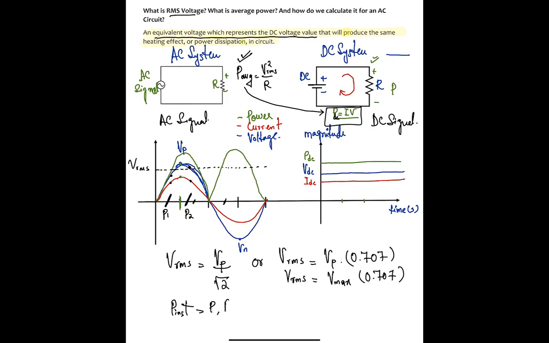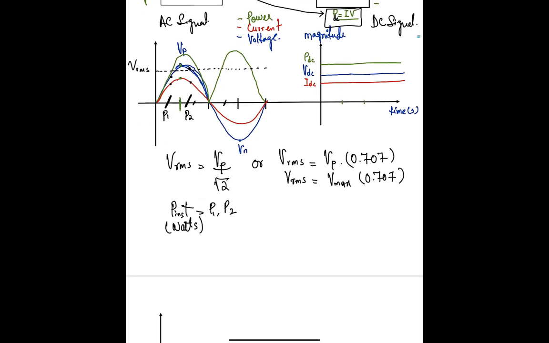P1 and P2 could be referred to as the instantaneous power. Usually power is represented in watts, and what they really mean is you are calculating power at a given time for an AC system.